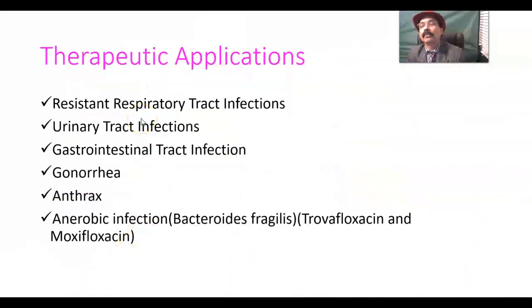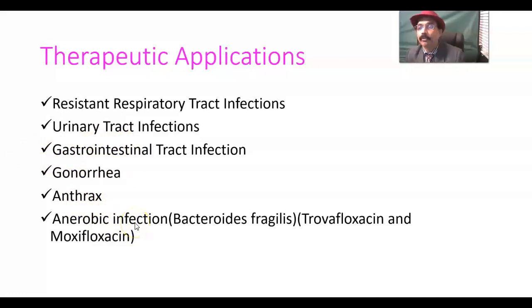Therapeutic application. This is a broad-spectrum antibiotic, especially the second, third, and fourth generation, and we get multiple organism or system coverage like resistant respiratory tract infection, urinary tract infection, gastrointestinal tract infection, gonorrhea that is caused by Neisseria gonorrhoeae, a sexually transmitted disease, anthrax, and anaerobic infection.